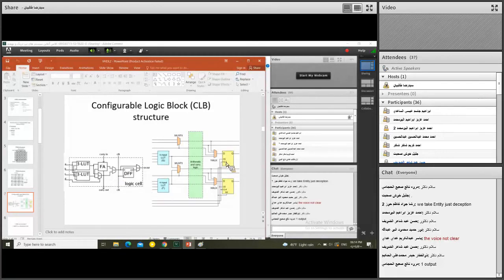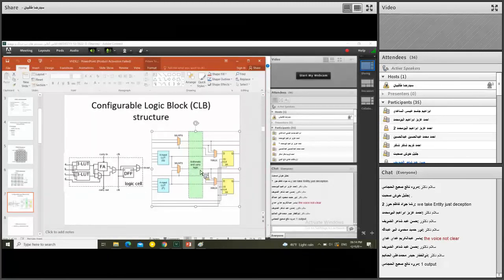The CLB on the right side is very similar to the left side. The only difference is that this CLB is larger and has higher facilities. For example, we can see 2 lookup tables with 4 inputs rather than 3 inputs in this one. We can see more multiplexers for better selection between inputs and outputs.